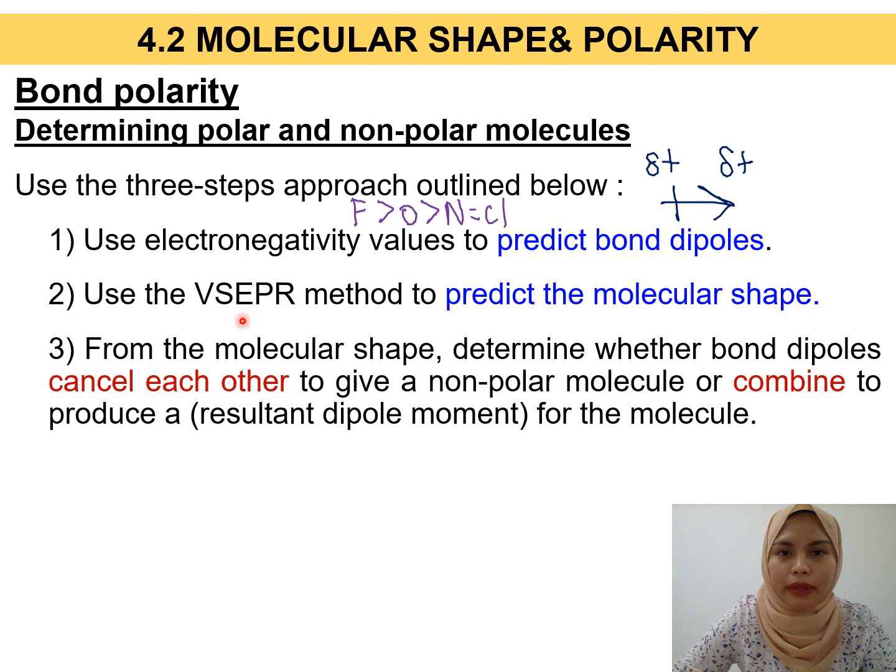Okay, untuk tahu VSEPR method, you kena lukislah Lewis structure of your molecule. Lepas tu tengok kat central atom dia, ada lone pair ke tidak. And then you kena tahu the molecular geometry of your molecule tu bagaimana supaya you dapat tahu molecular shape of your molecule tu macam mana.